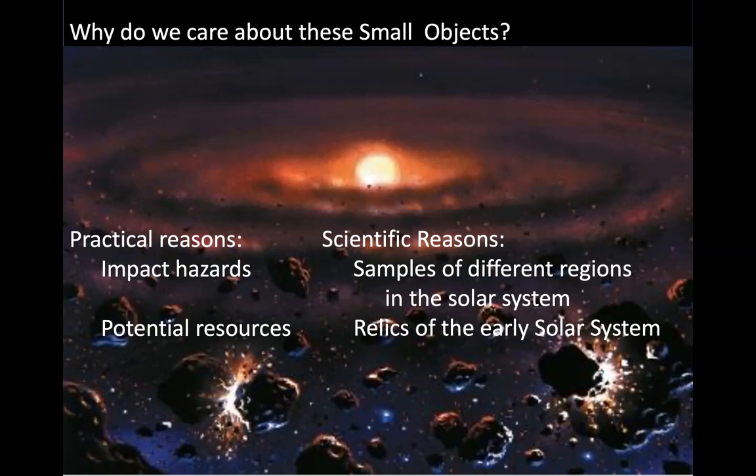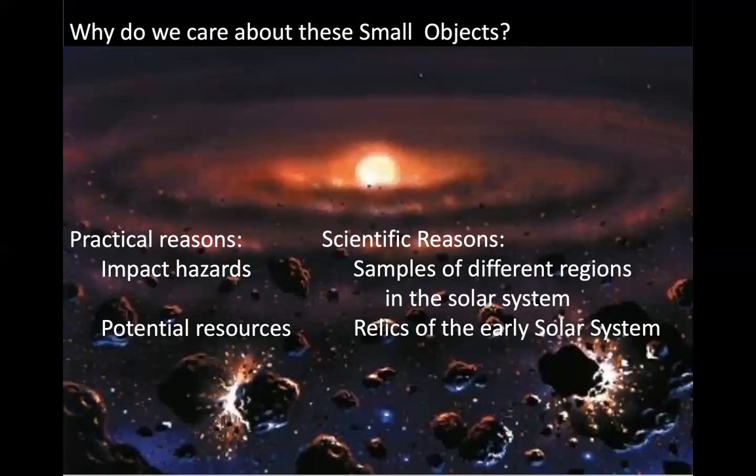There is a chance that they could hit us, which is not a good thing, and do damage. There are also people who say that these could be potential resources. Since these objects don't have much of their own gravity field, it'd be relatively easy to take material from these objects, which has a lot of metals and other materials that are quite valuable, and bring it back to Earth. Whether that's economically viable or not is kind of an open question.